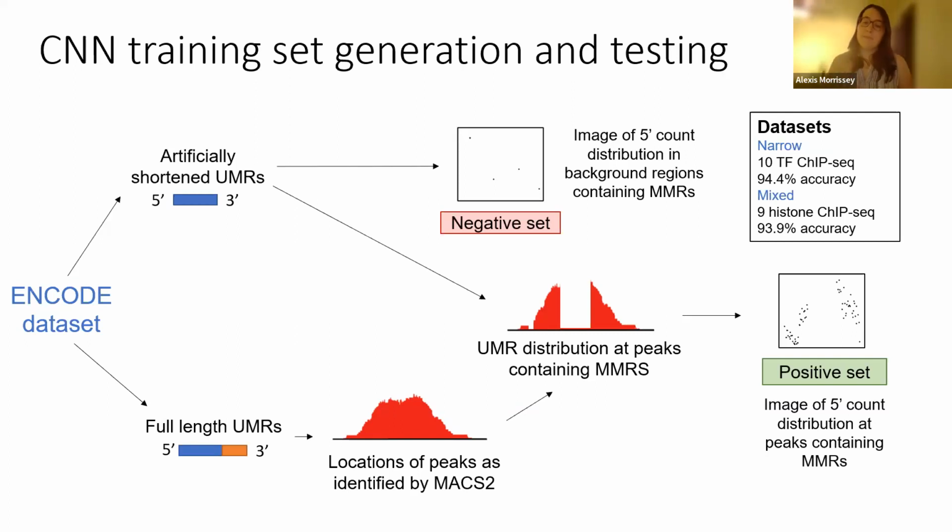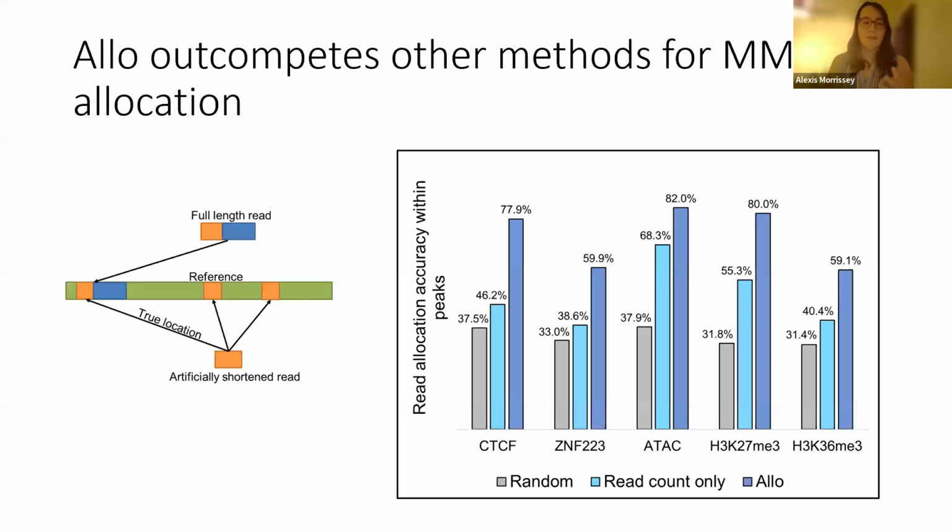For the mixed peak data sets, we had 9 histone modifications, and the binary classification accuracy was about the same, almost 94%. And to choose between using the narrow or the mixed peak data set is just one simple argument that you give Allo.